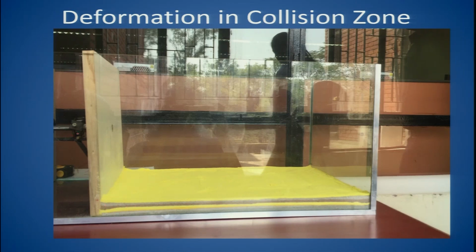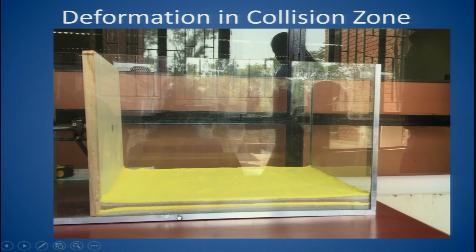We used a very fine screw, which we drive with a handle, attached to this wooden plank. We keep moving it at a constant speed, and we saw the different types of folds and faulting which occur during the process.